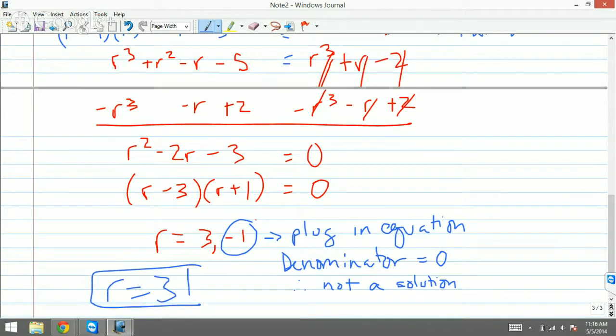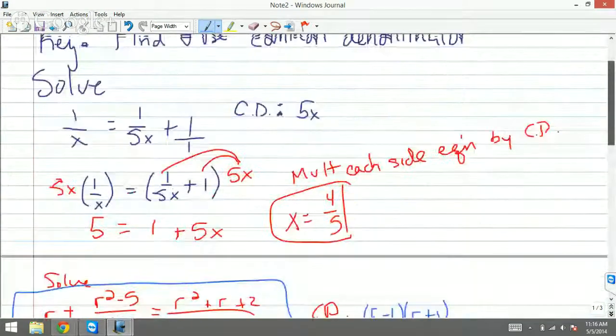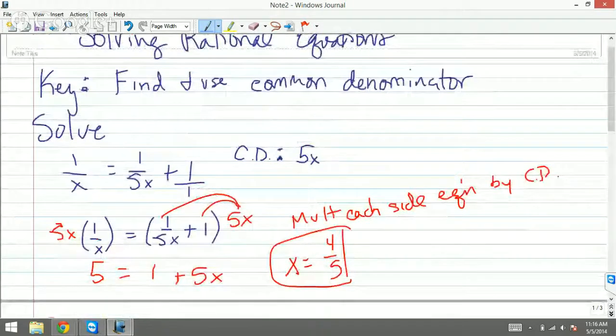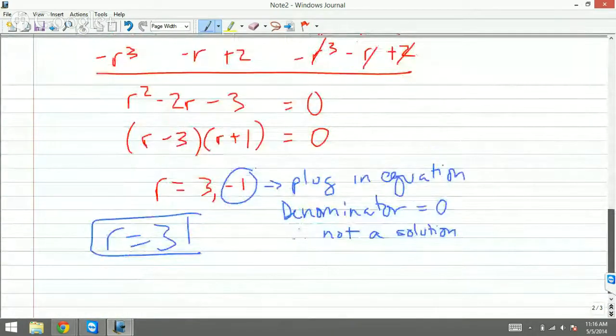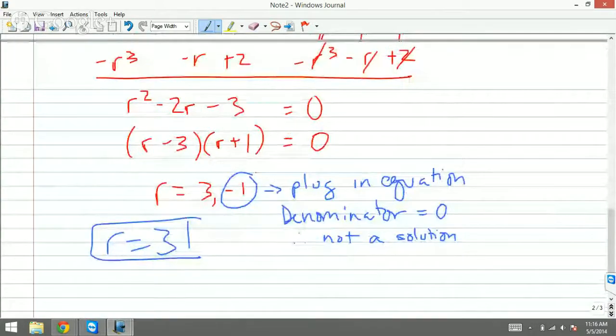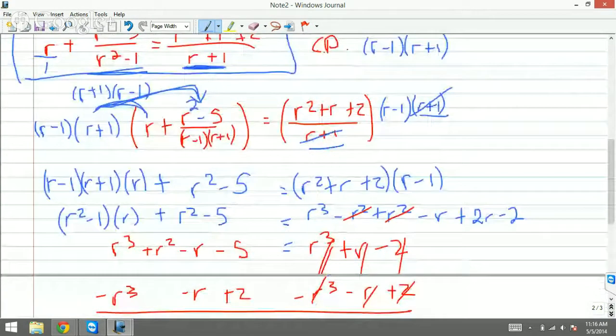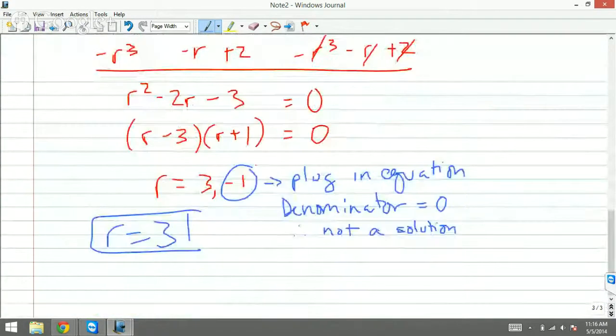On the first one we didn't have to check it, right? Well, we didn't check it because 0 didn't pop up. 0 would make that denominator undefined. Here, we had to check it. So you got to check it. Check, check, check.